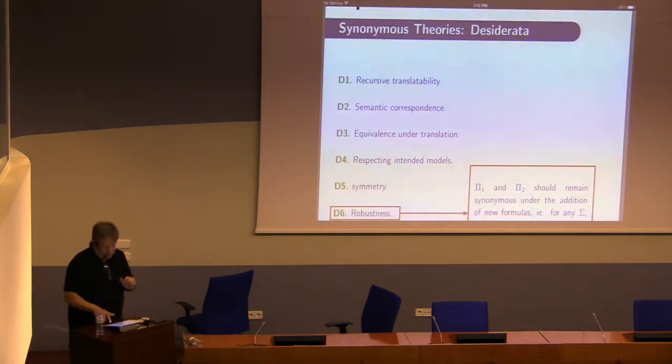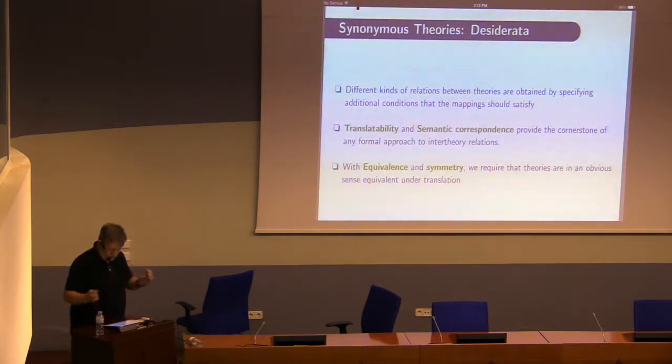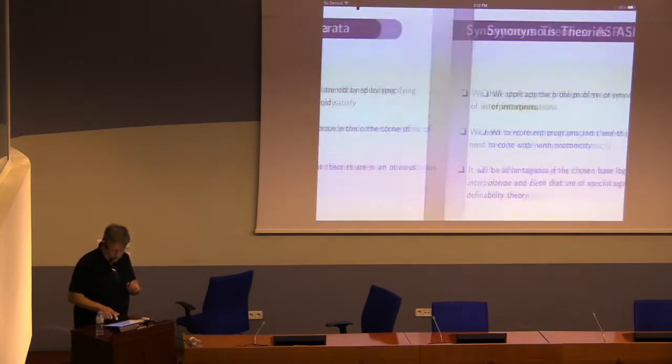So this is not obvious when you leave classical logic and monotonic inference. Okay, so we get different kinds of relations when we specify more particularly what those correspondences amount to.